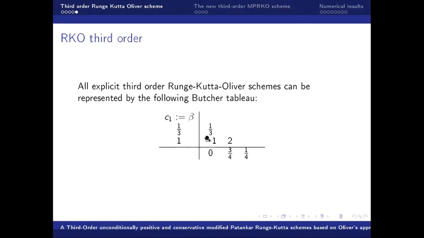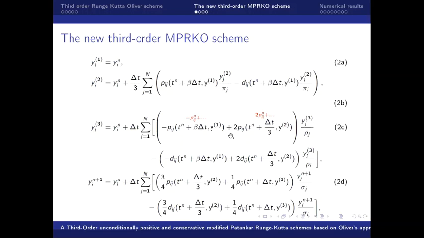Except for C1 equal beta, a single parameter in the Butcher table, we have a unique solution for the remaining values of the Butcher table. The new scheme, modified Patankar-Runge-Kutta-Oliver scheme, is the following.